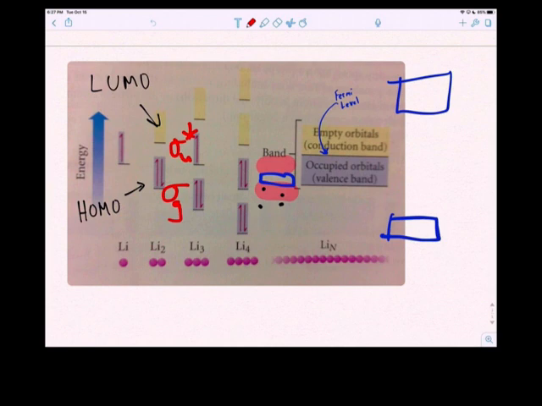And then if you have a big difference, so I'm drawing on the right here, those two boxes, this is known as an insulator. The occupied orbitals have a large difference from the empty orbitals. So this is an insulator. So right here, the energy has to jump up. Can insulators conduct electricity? Yes, they can.